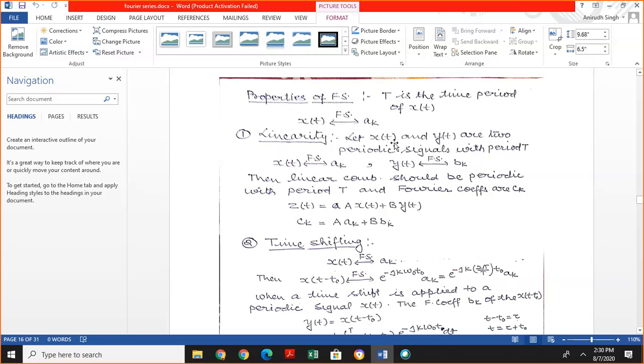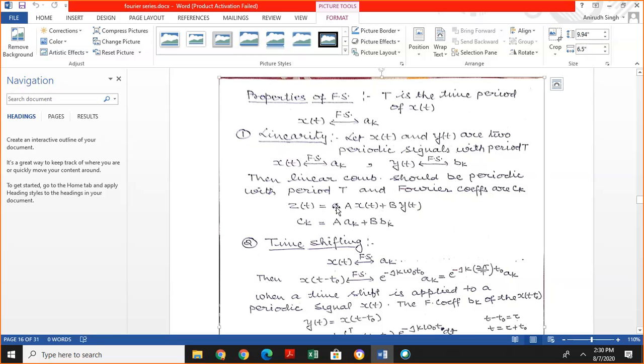Clear? Linearity. If x of t and y of t are two periodic signals with time period T, and x of t and ak are one Fourier series pair, and y of t and bk is the second Fourier series pair, then consider the linear combination of these two, that is, z of t is a multiplied by x of t plus b multiplied by y of t.